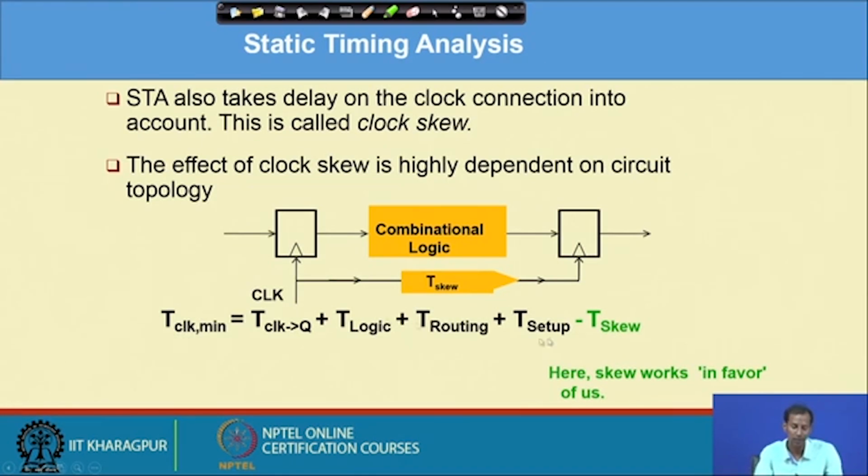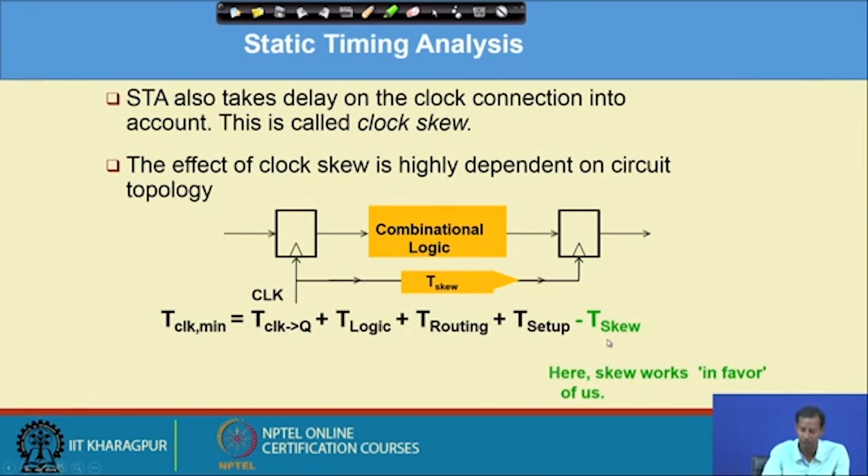What I said in the beginning is that this static timing analysis is done automatically by the EDA tool. Depending on these factors, the EDA tool automatically computes the corresponding values of T clock minimum, considering each of these factors.